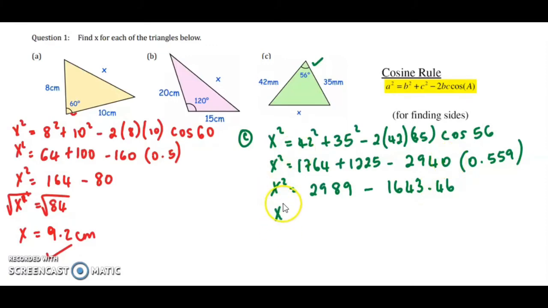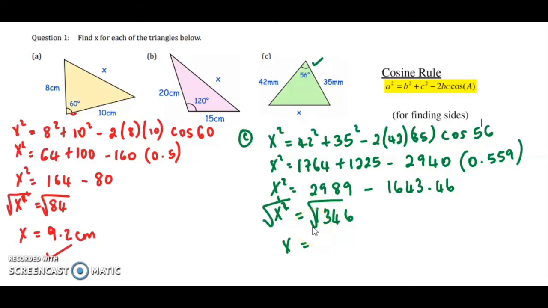You're going to go ahead and take that away from your 2,989. And you would get, remember, one decimal place, 1,345. So we can just go ahead and round that off to the nearest whole number, and we're going to put that to 1,346. So we're going to square both sides.